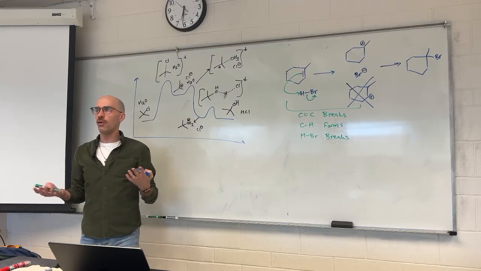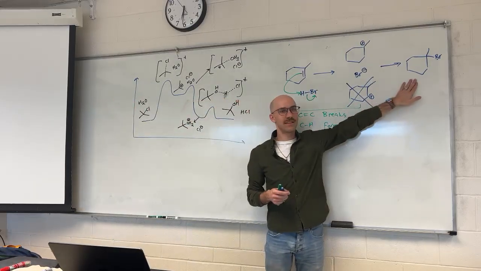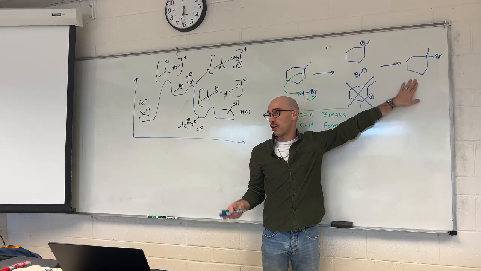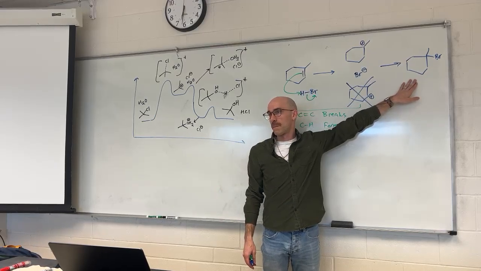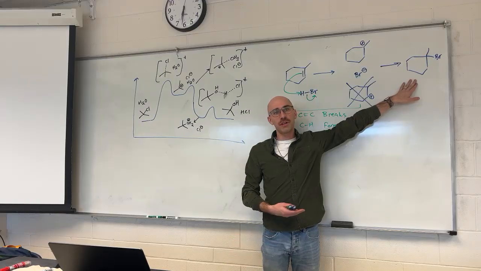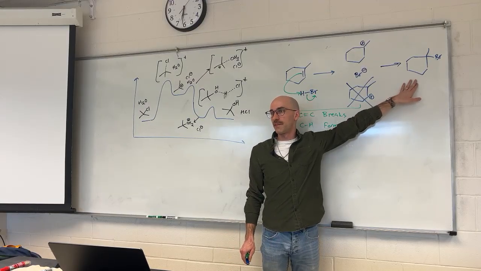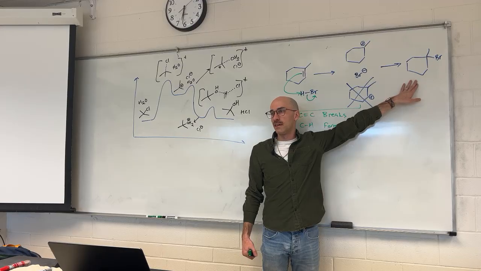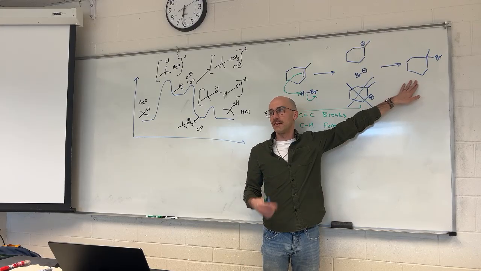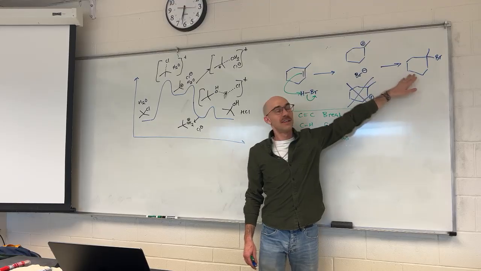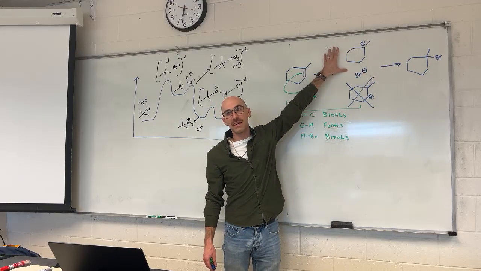How could I know that this is the product that forms and not a structural isomer of this? Put it in the NMR. Look at the hydrogen signals that come out. The hydrogen signals will tell me what my structure looks like, which means that I can verify that this is the structure I get, which means this must be the intermediate that forms.